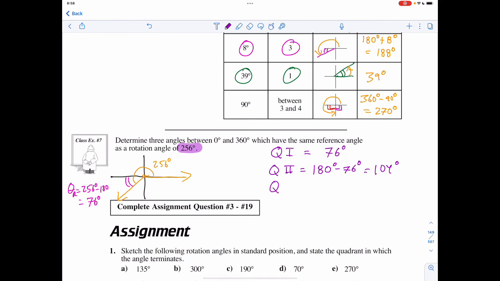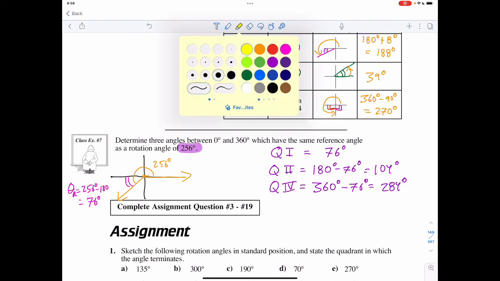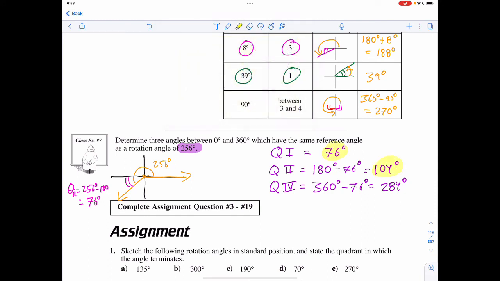And in quadrant 4, it's going to be 360 minus the reference angle. And there are the three other angles between 0 and 360 that are going to have the exact same reference angle.